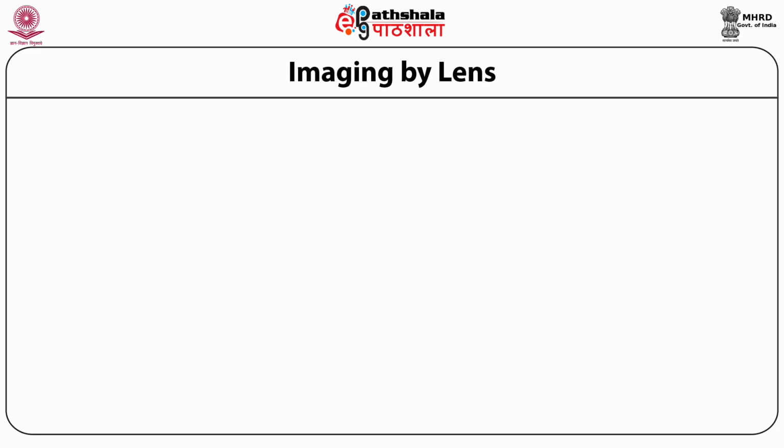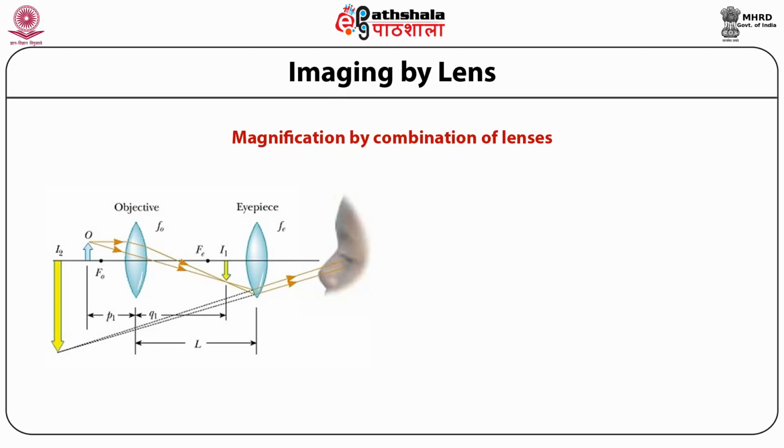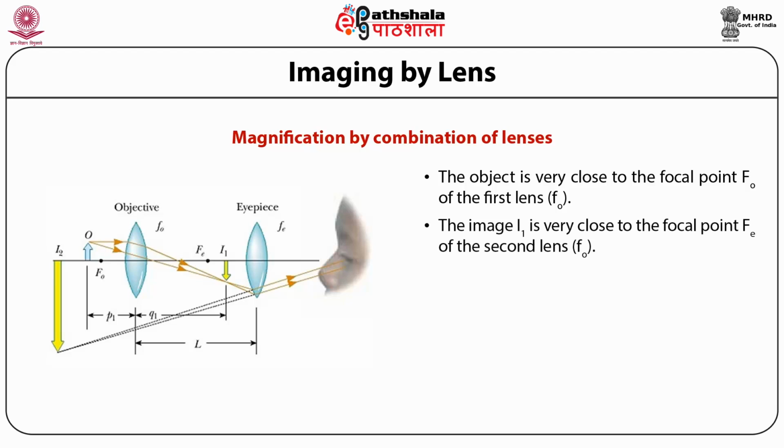As shown in this example, you have two biconvex lenses. The first one, which is placed close to the object, is called the objective lens, having a focal length f0, and another one close to your eye having a focal length fe.